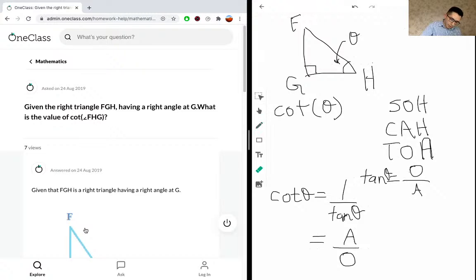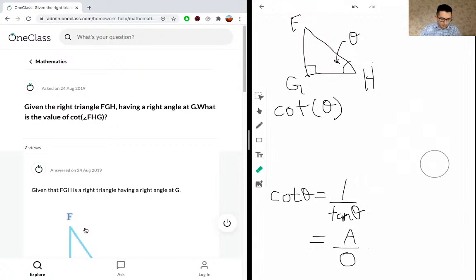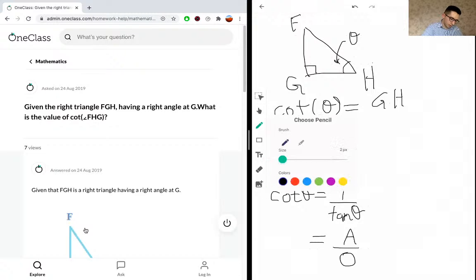So here, let's erase this. We need to define cotan theta in terms of the diagram given. So we can say that cotan theta is adjacent over opposite. The adjacent side is GH, so GH over here.